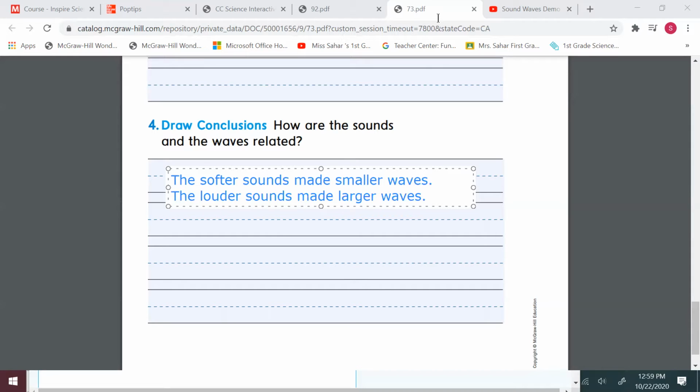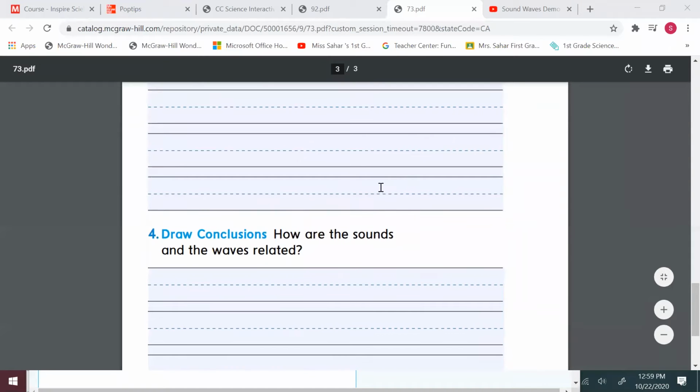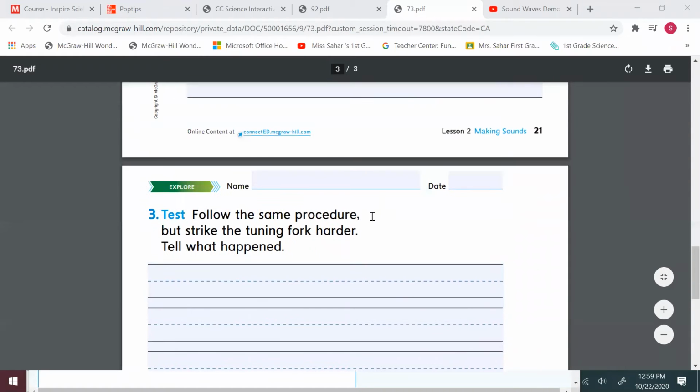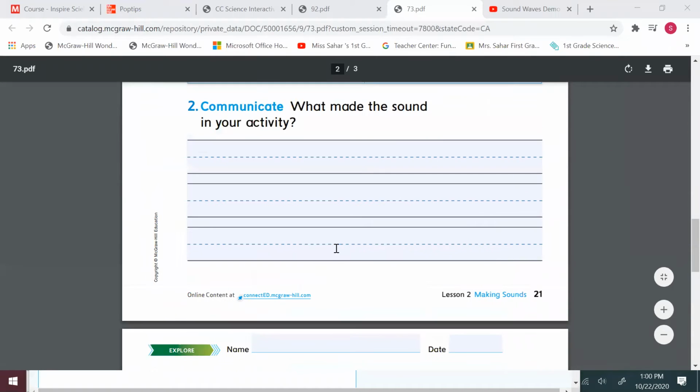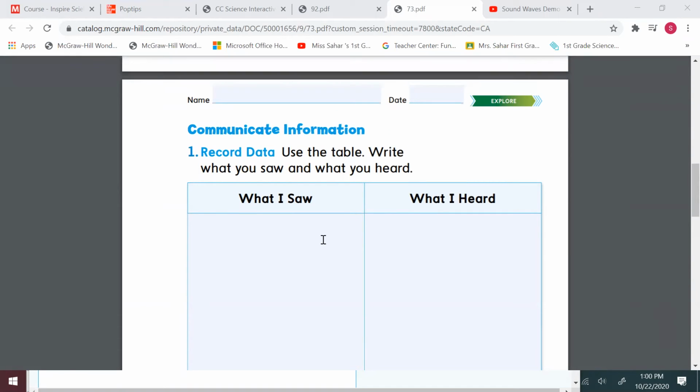All right. Okay, so that's it for today. We learned about the tuning fork, and then I watched and witnessed what happened, and I heard what happened from her hitting the tuning fork hard or soft, and I saw the water ripples or waves was larger or smaller.